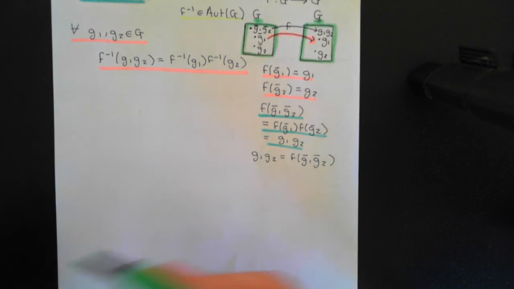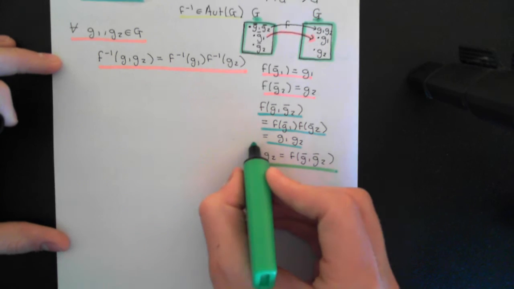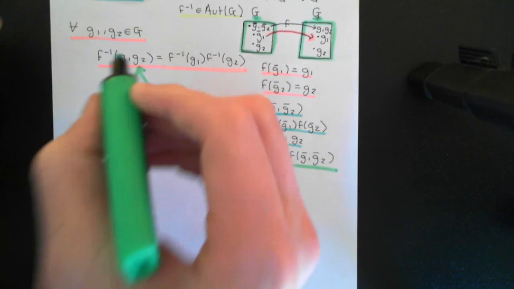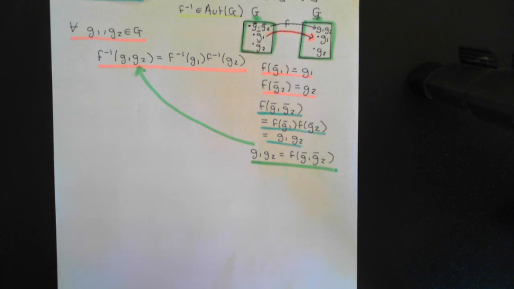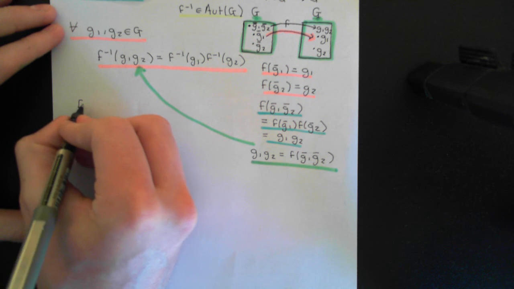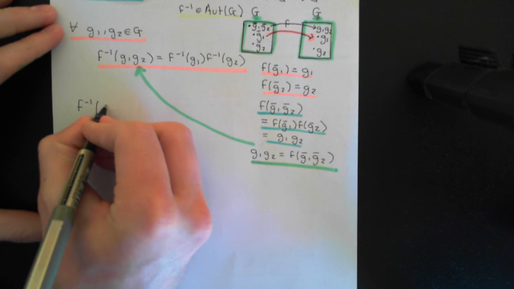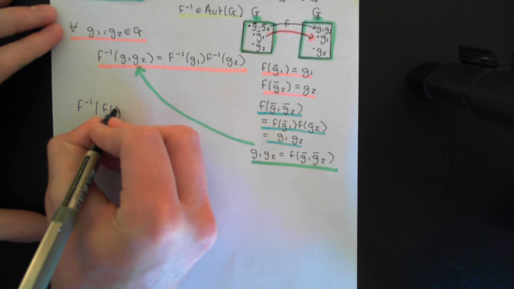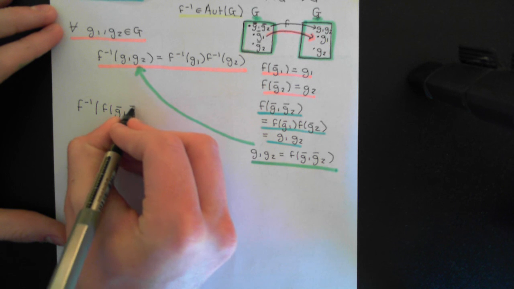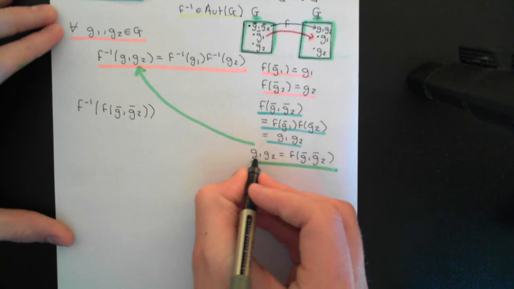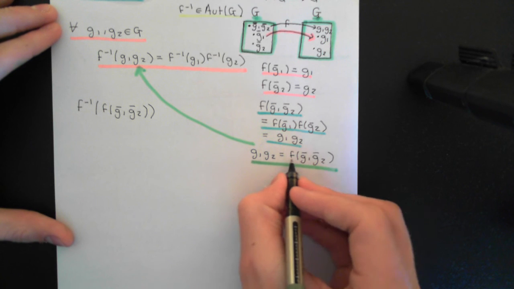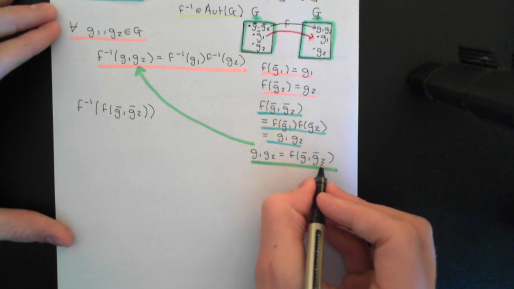I am now going to stick this equation into here. For G1 composed with G2, what I will get is the f inverse of f of G1 bar composed with G2 bar. So I've just stuck in for G1 composed with G2, f of G1 bar composed with G2 bar.